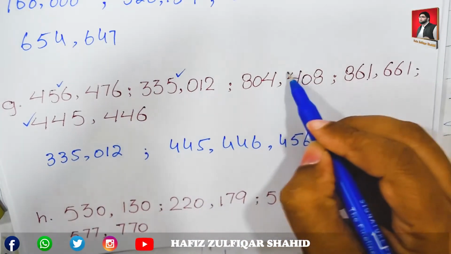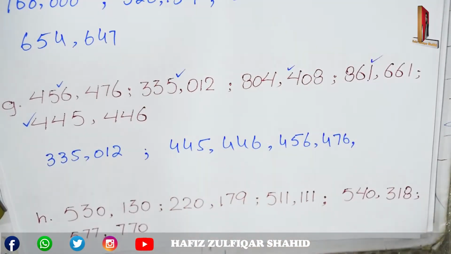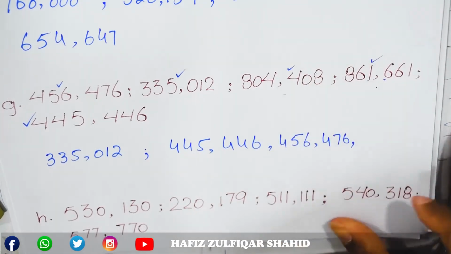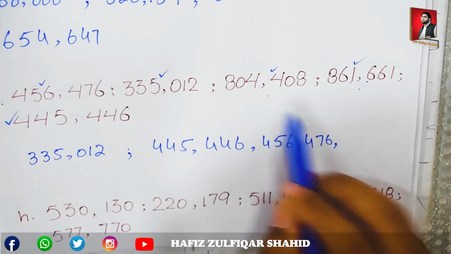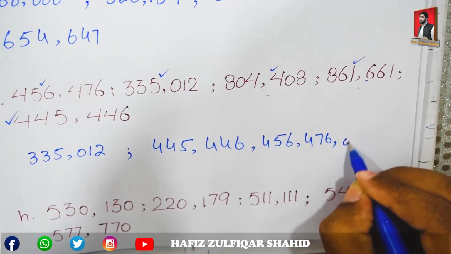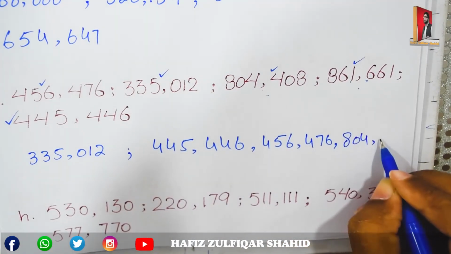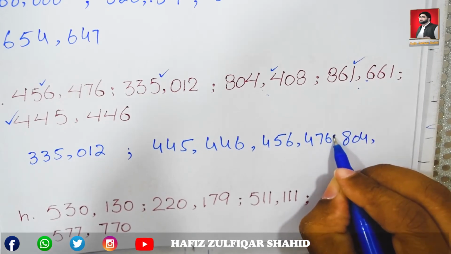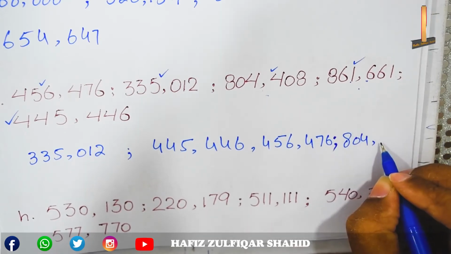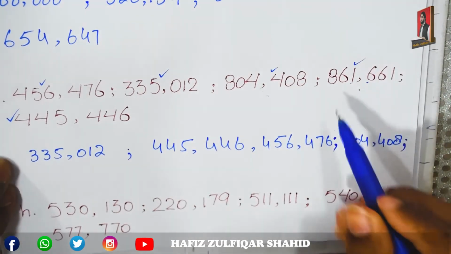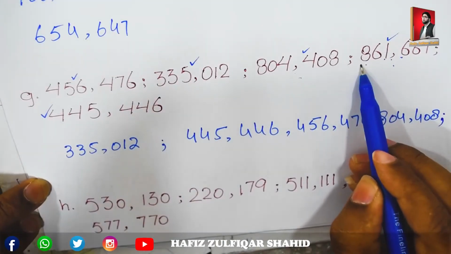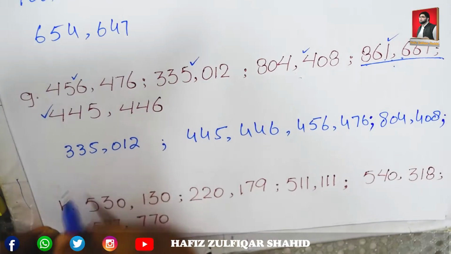Now we have left only 2 values. Now compare these two, which is smallest. Write it first. And the greatest one is left.